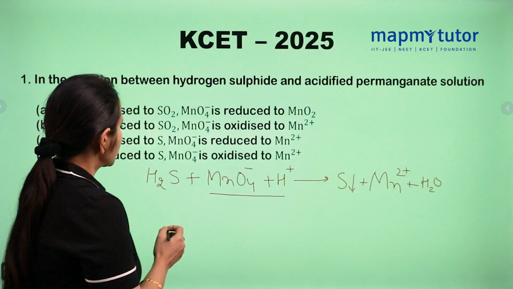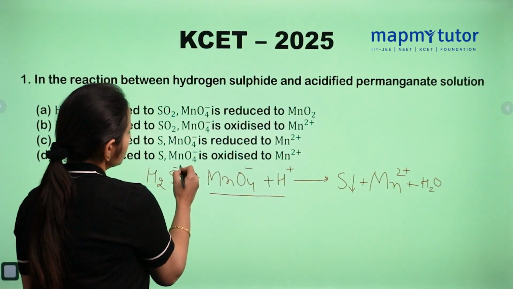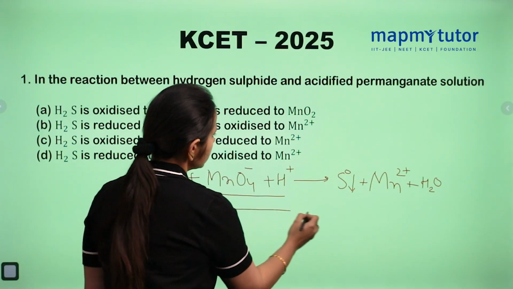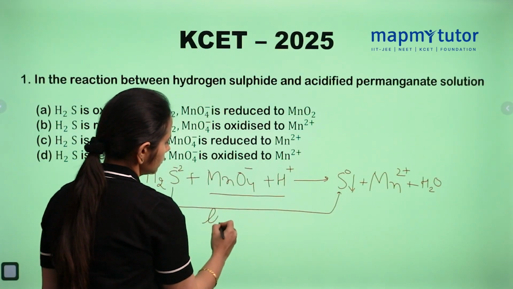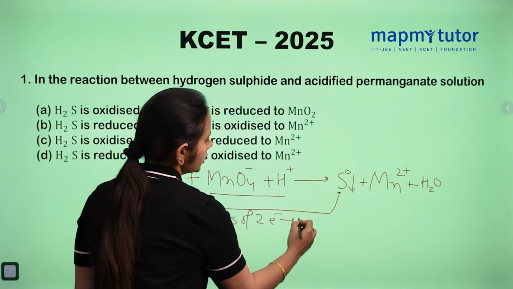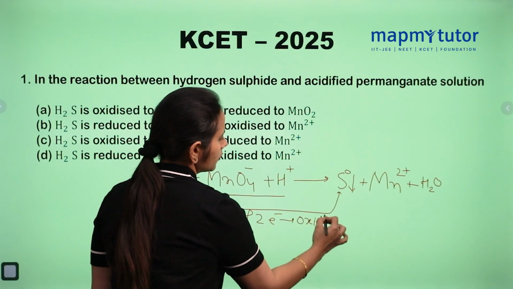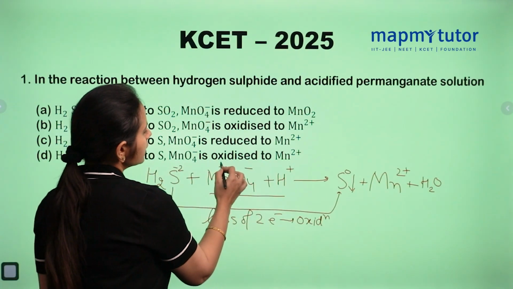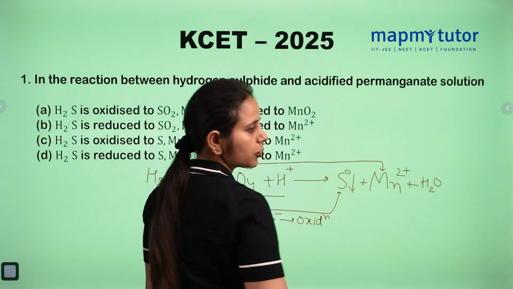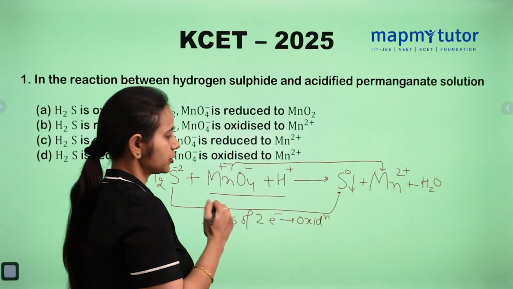So, you can see here sulfur in the -2 oxidation state is moving to sulfur in the 0 oxidation state, that is loss of 2 electrons. Loss of electron means oxidation. And manganese in the +7 oxidation state is turning into manganese in the +2 oxidation state by gaining 5 electrons, that is reduction.